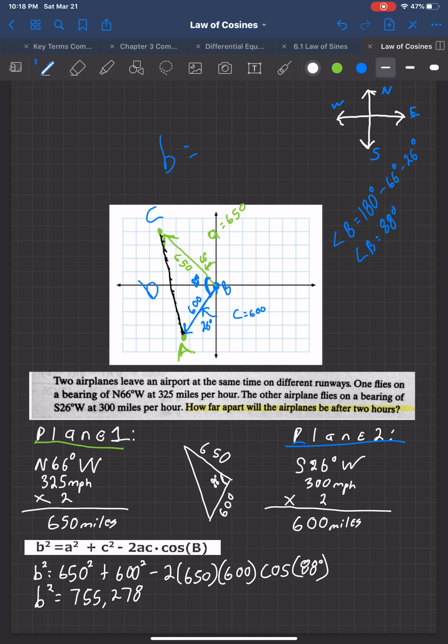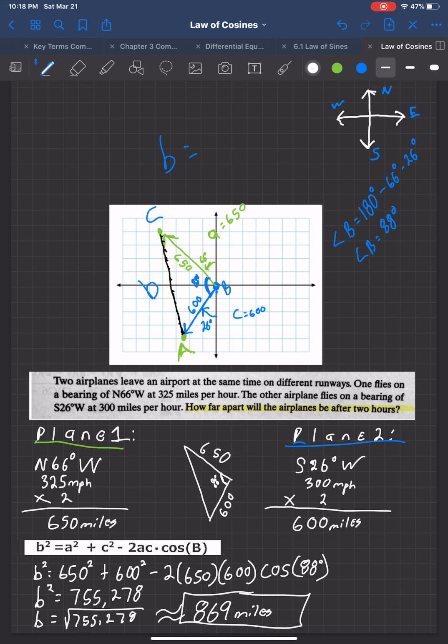That would mean that B is equal to the square root of 755,278, which is roughly 869 miles apart.